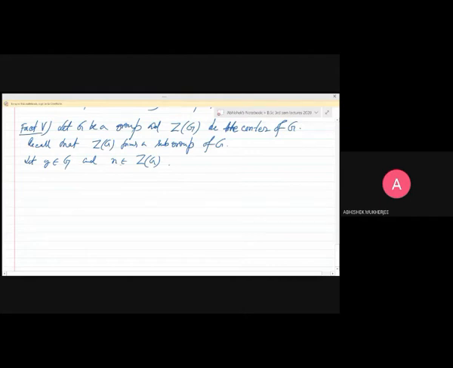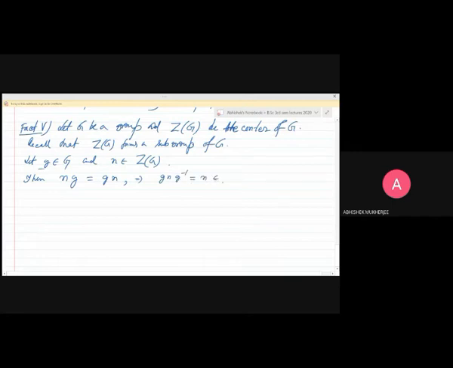Now since n belongs to Z(G), that means n commutes with every element of the group, and in particular n commutes with g. So then ng equals gn, that means gng inverse is going to be n.